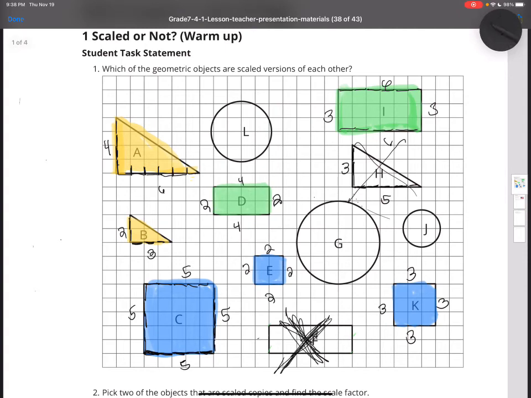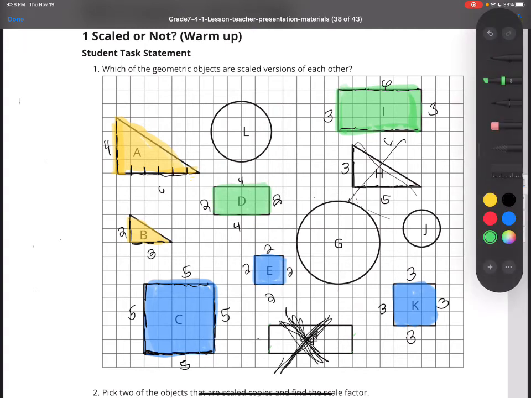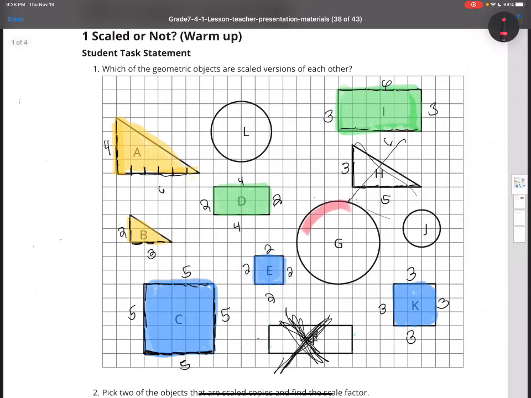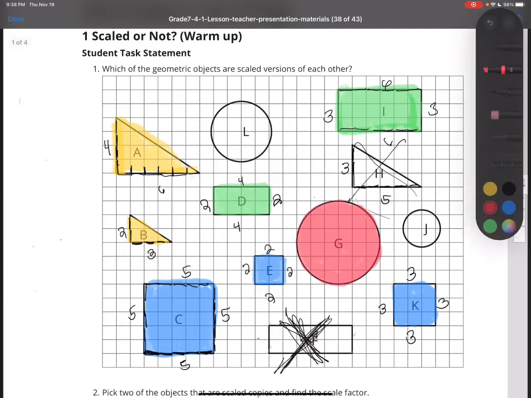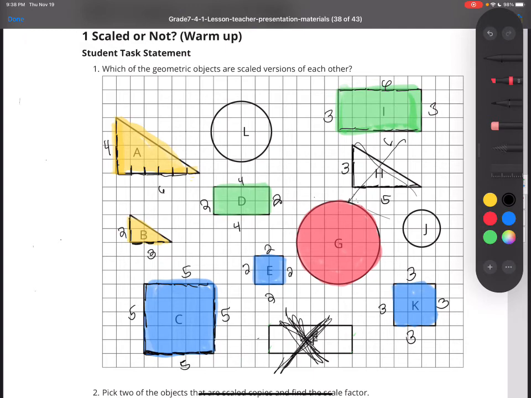Okay, so the last shape that we're going to check to see which ones are scale copies is the circles, of course. All right, so I'm going to start with circle G. That's right here. Now, for circle G, we can actually measure its diameter or radius, whatever you guys want to do, but we could measure the diameter. Or, you know what?